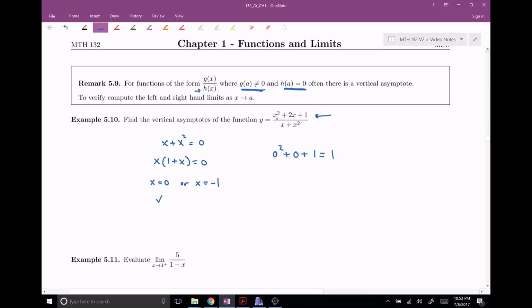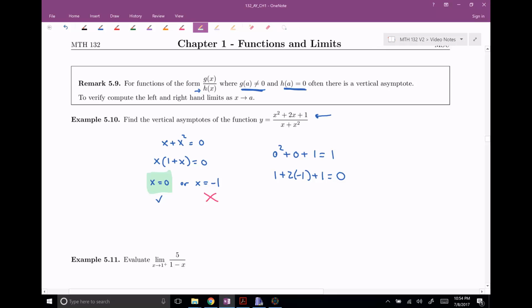If I plug in -1, I have -1 squared, which is 1, plus 2 times -1 plus 1. When I simplify this down, I get 0. Because I got 0 in the numerator, this one does not pass the test. So in fact, the only answer here is x equal to 0. This is where we're going to get a vertical asymptote.